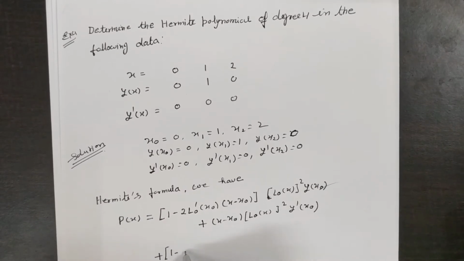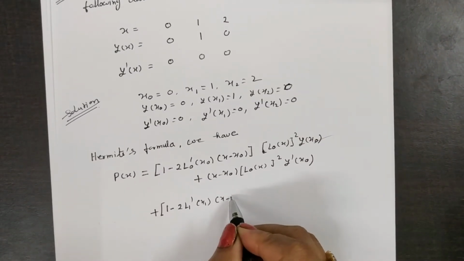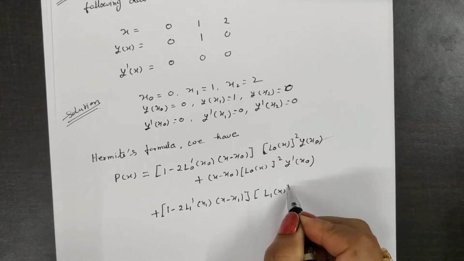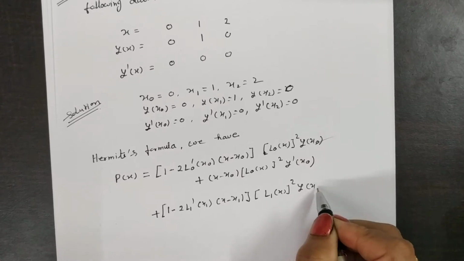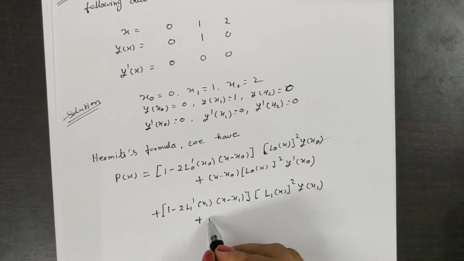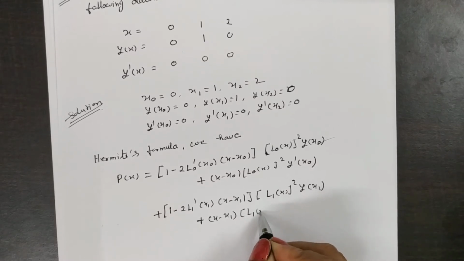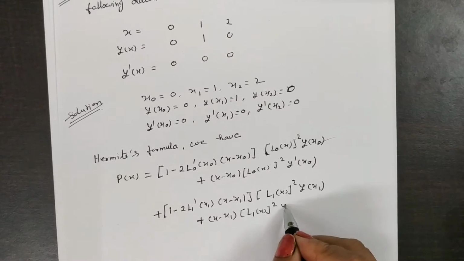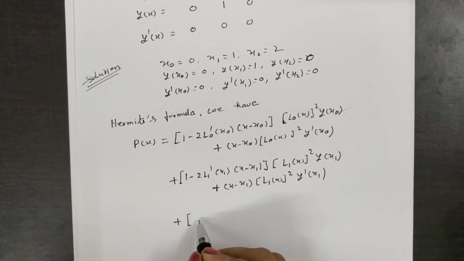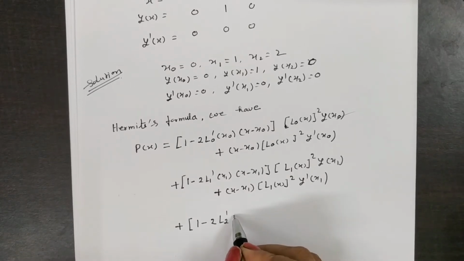So 1 minus 2 L1 dash(x1) times (x minus x1), and L1(x) whole square and y(x1), plus (x minus x1) times L1(x) whole square times y dash(x1).